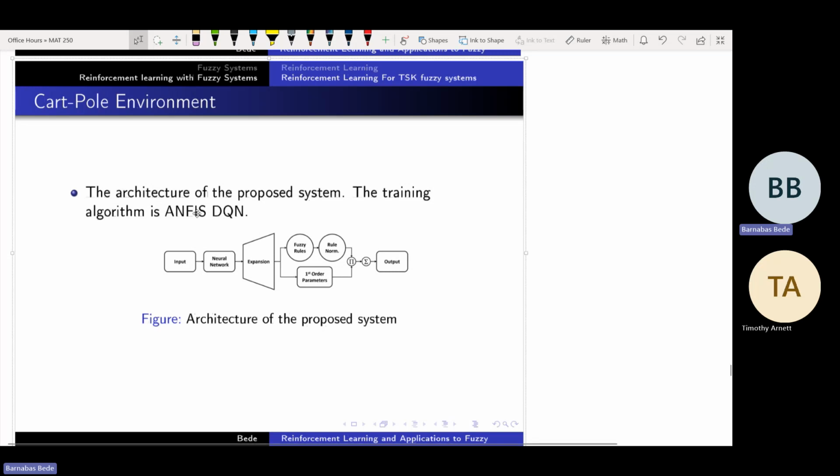ANFIS is the adaptive neuro-fuzzy inference system, so this is a Takagi-Sugeno system equipped with learning. So that's ANFIS. And DQN is the deep Q learning network. So this is the ANFIS DQN. So we have an ANFIS tail attached to a deep Q learning environment where you basically expand the variables.